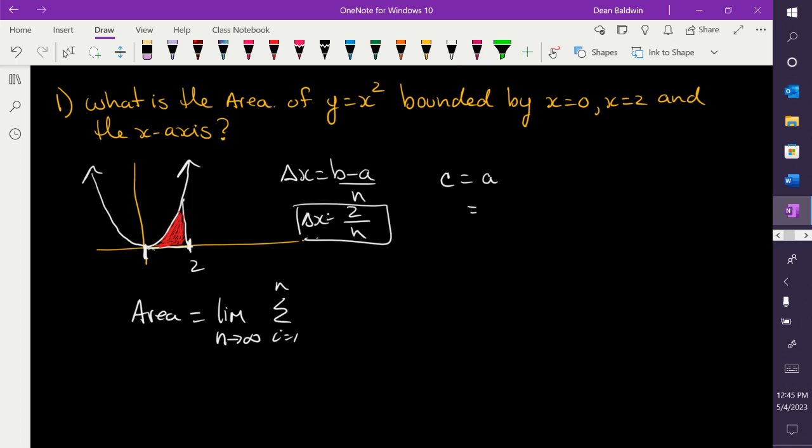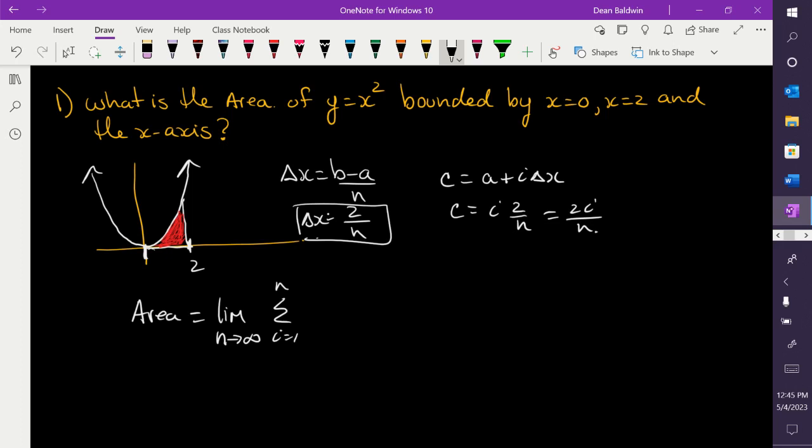Sorry, peoples. So it's i times delta x, and delta x is 2 over n. So it's i times 2 over n. That's our c value, 2i over n. That's better.